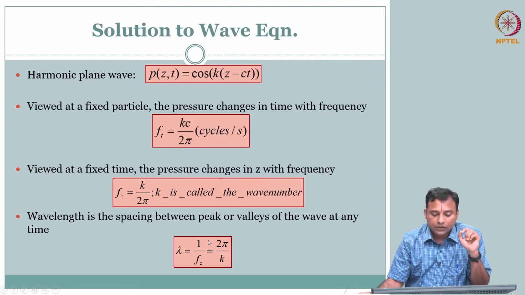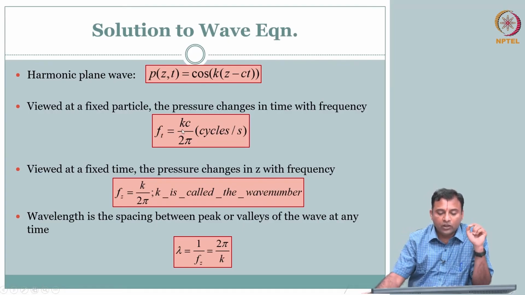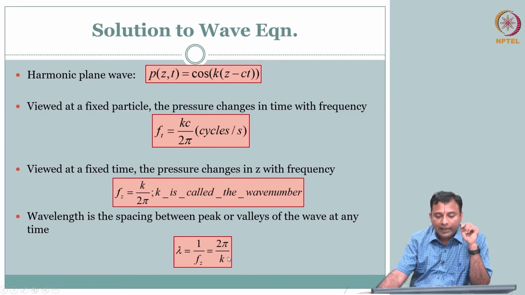Of course, we can also relate these two. I already see that lambda is equal to 2 pi by k, but what is k? k is nothing but 2 pi f by c.